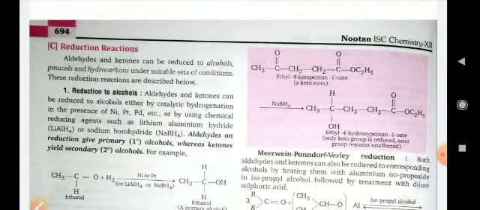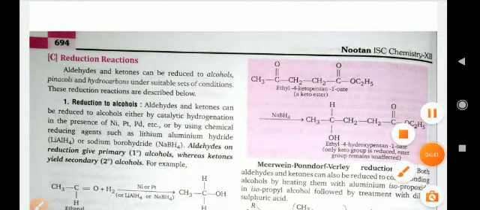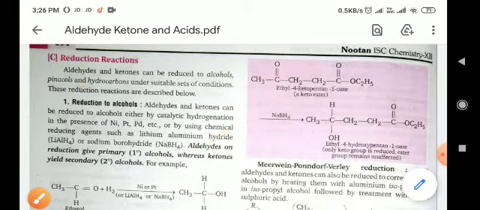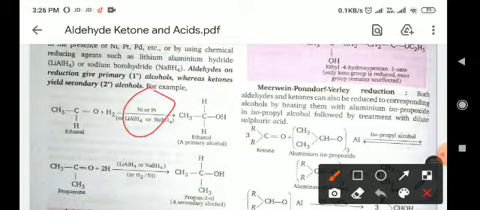What is the reduction reaction? In reduction of aldehydes and ketones, aldehyde on reduction gives primary alcohol, whereas ketone yields secondary alcohol. How? Here you can watch. CH3CHO reacts with H2 in the presence of nickel or platinum catalyst. This bond will break and one hydrogen goes to the oxygen and one hydrogen goes to the carbon and attaches.